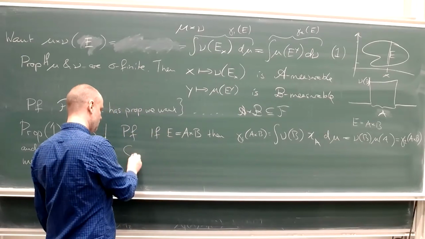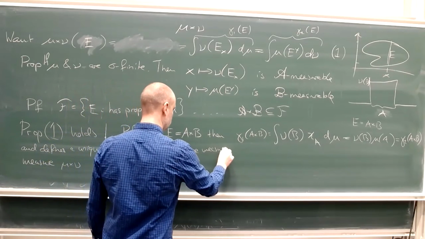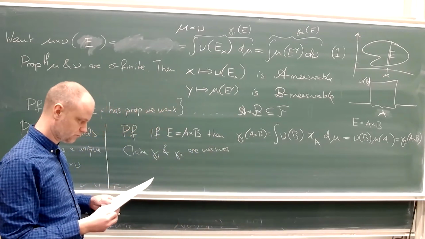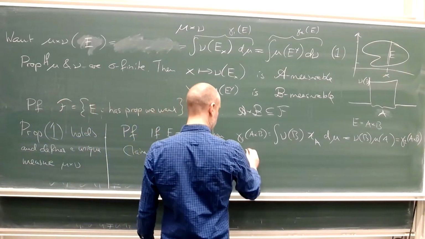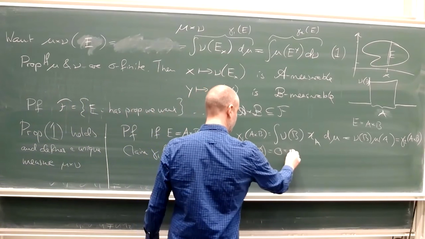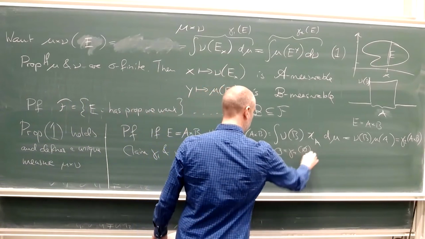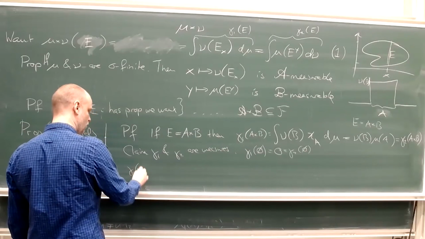So now I make a claim. Either gamma 1 or gamma 2, if we apply that to the empty set, we get 0, so that's not hard. The difficult part is, of course, to verify countable additivity. Let's take gamma 1.